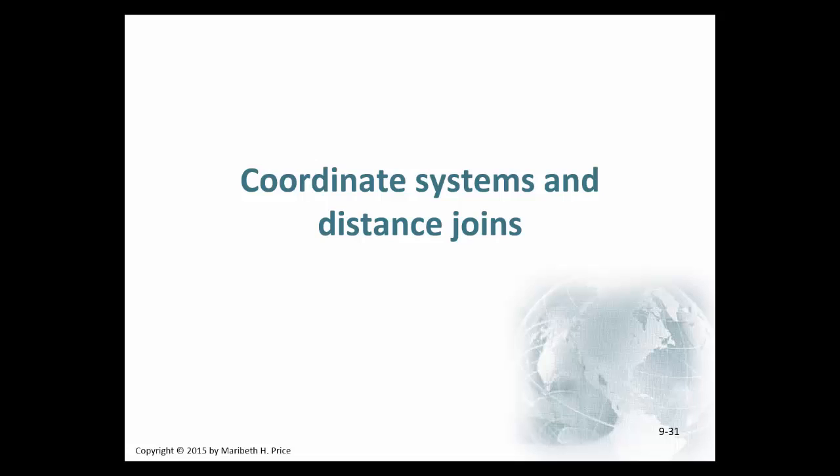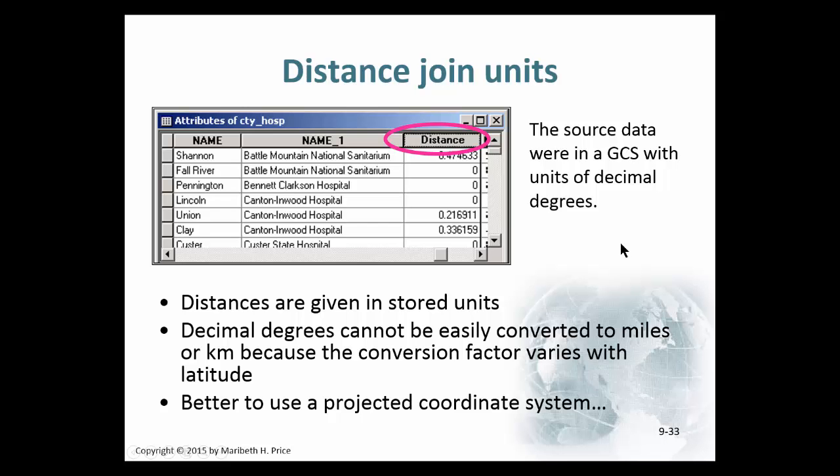Distance joins record the distance between features in a field. The distance unit of measure is based on the coordinate system. You should use projected coordinate systems that preserve distance when using distance joins. It's not easy to convert decimal degrees to miles because the conversion factor varies with the degrees of latitude.